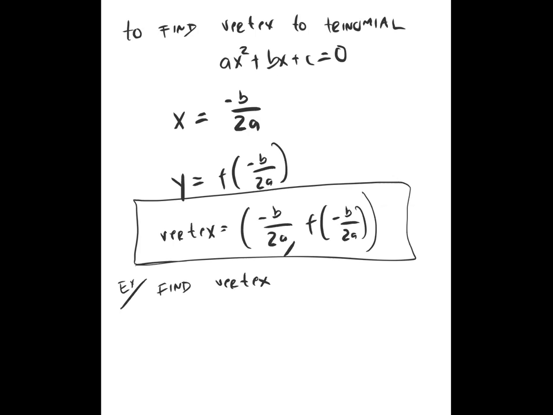All right, we have f of x equals x squared minus 8x plus 12. A is 1, B is -8, C is 12. Our x value equals -b over 2a.